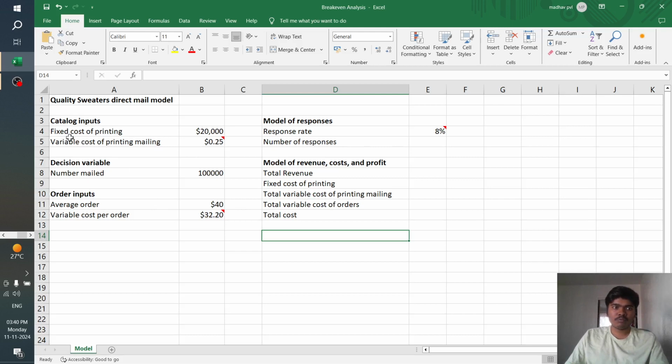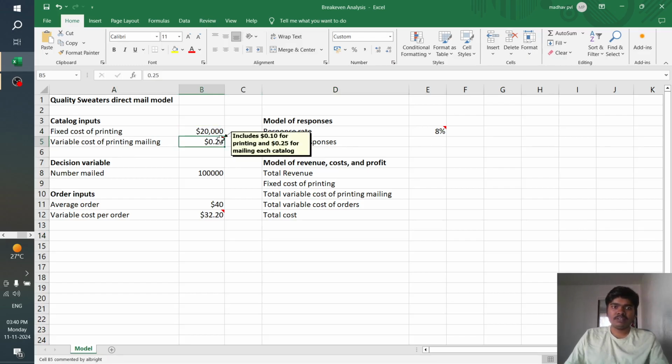The first one is the fixed cost of printing. This is the cost for printing the catalogs, and then the variable cost of printing and mailing is 0.25. Here we can see 0.10 is for the catalog, and 0.15 is for mailing each catalog. The number of catalogs mailed is this figure.